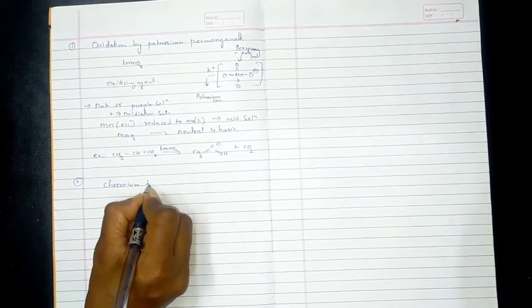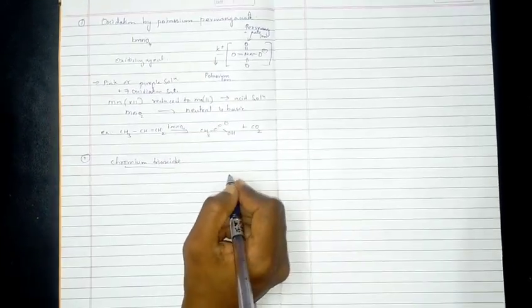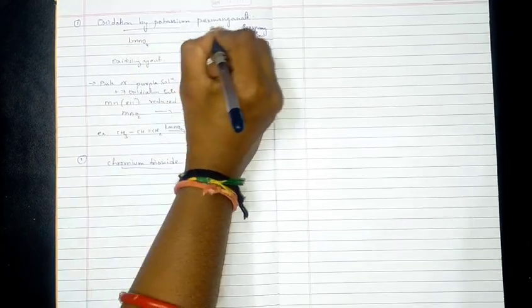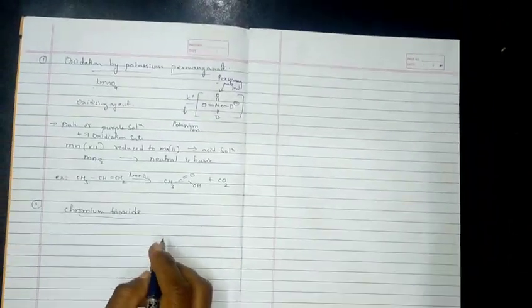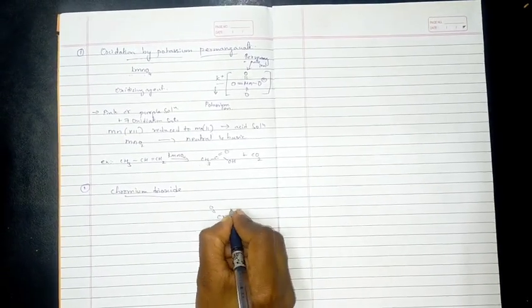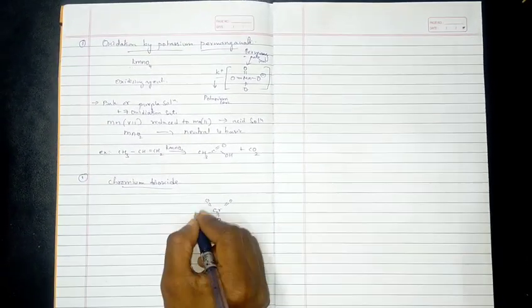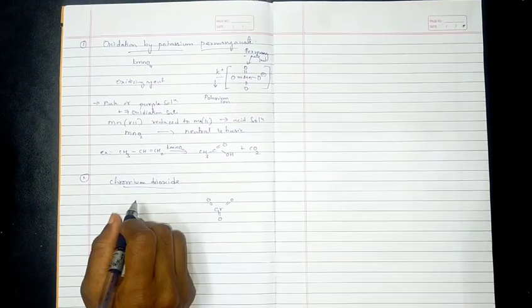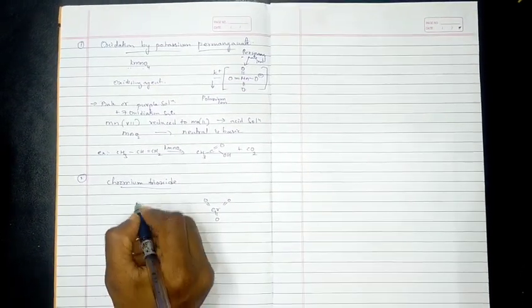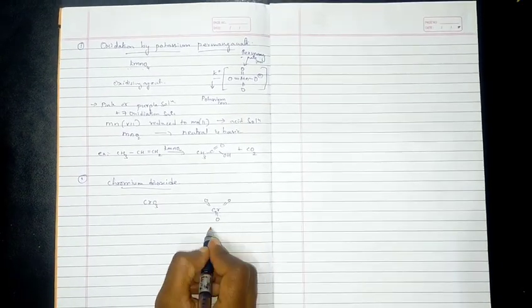chromium trioxide. Now what is this chromium trioxide? What is the basic formula of it? Let us see. Chromium trioxide, here the structure is chromium with 3 oxygen components, with double bonds. The formula is CrO3, Cr and O3.